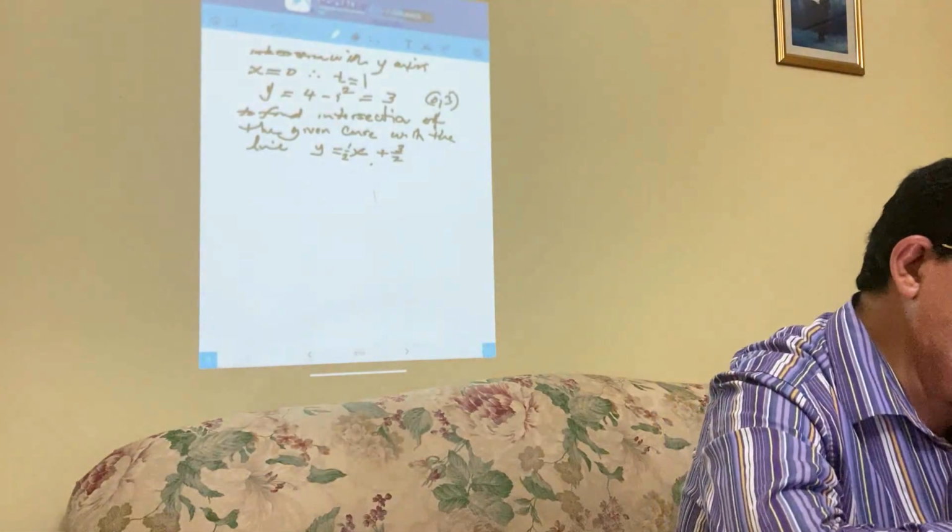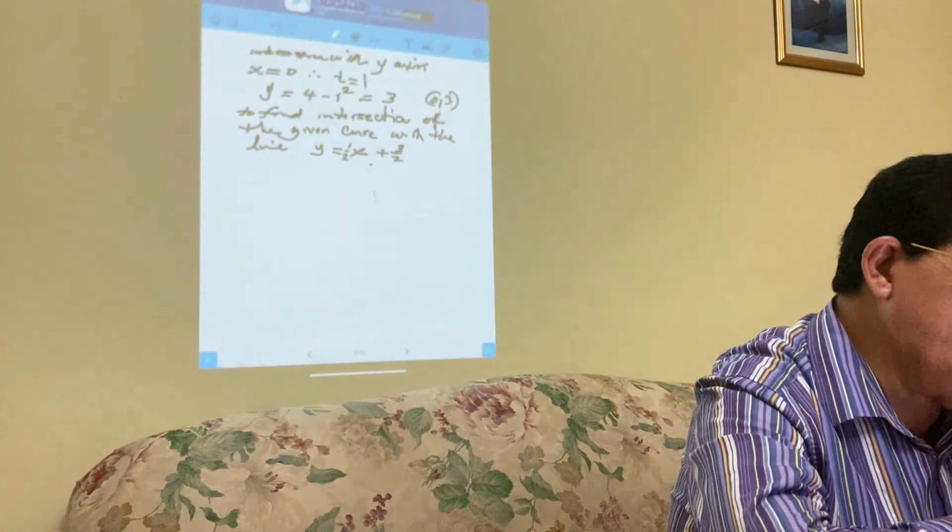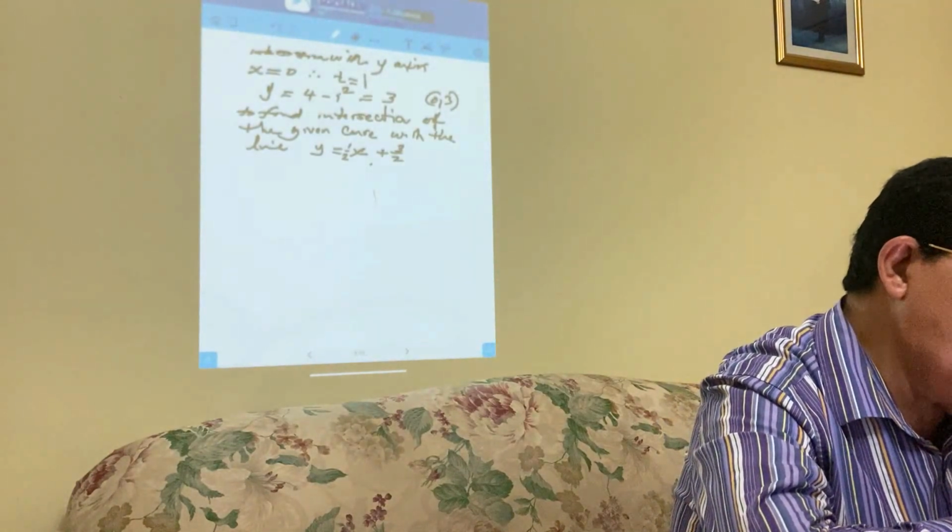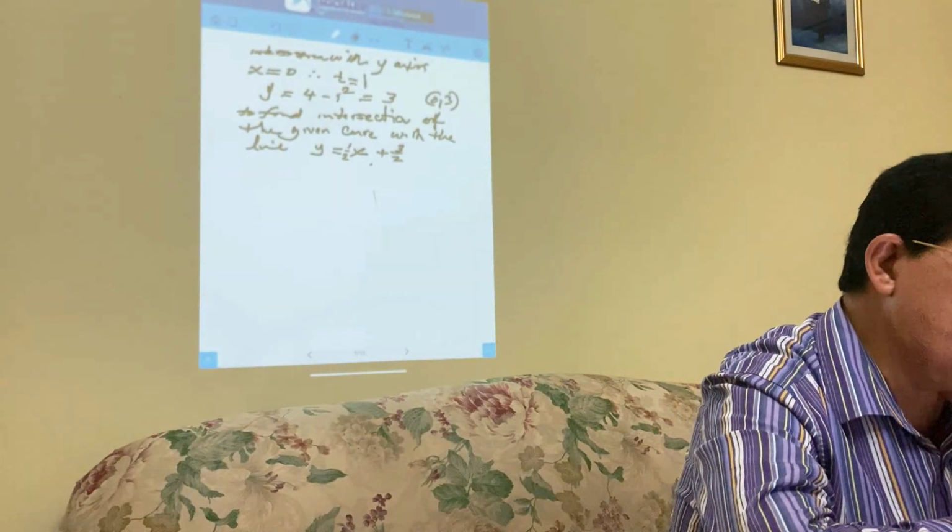We have this equation. We have to find the intersection of the given curve with the line y equal half x plus 3 over 2.